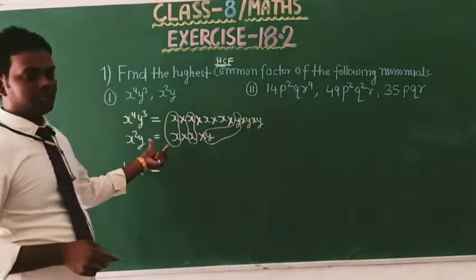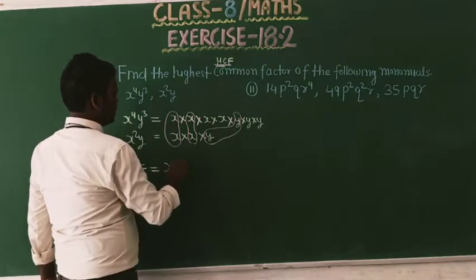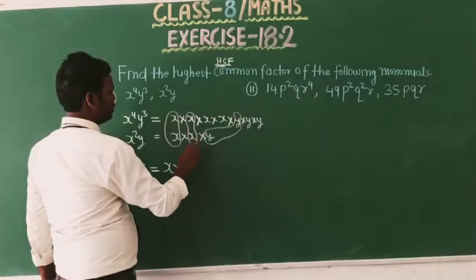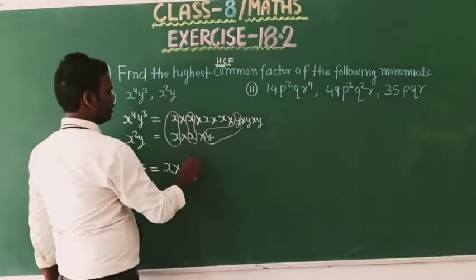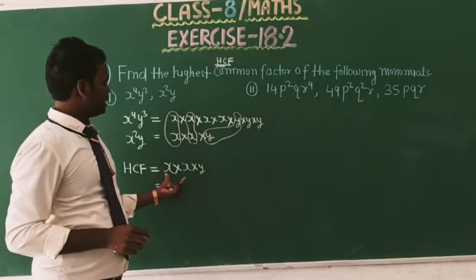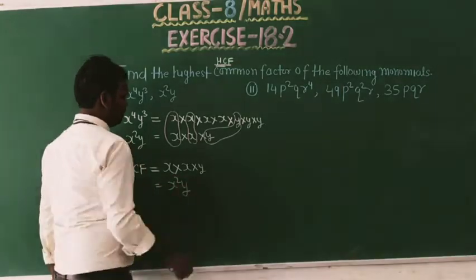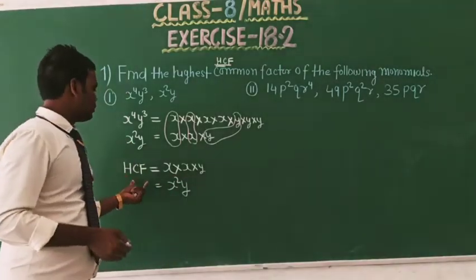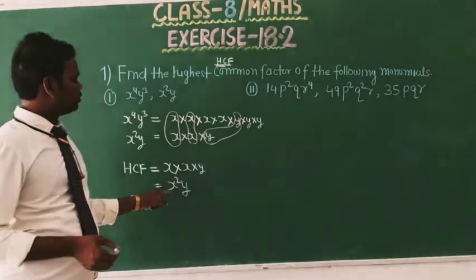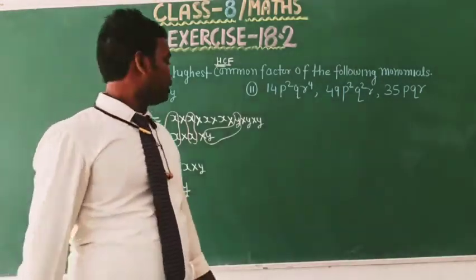Okay, so here we have found x as common, 1x, 2x, and 1y. Okay, and factorization is taking the product. So this will be x square y. Okay, so here the highest common factor of x to the power 4, y to the power 3, and x square y square equal to x square y square. Okay, this is the answer.